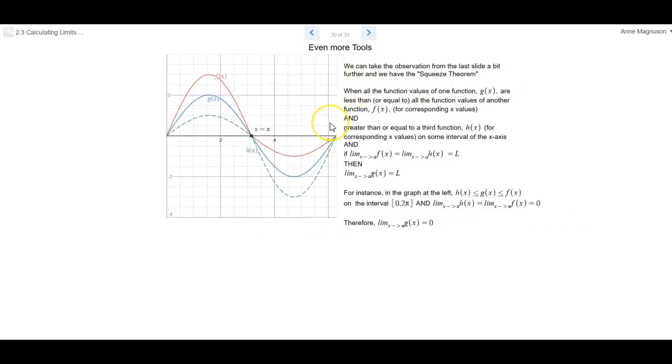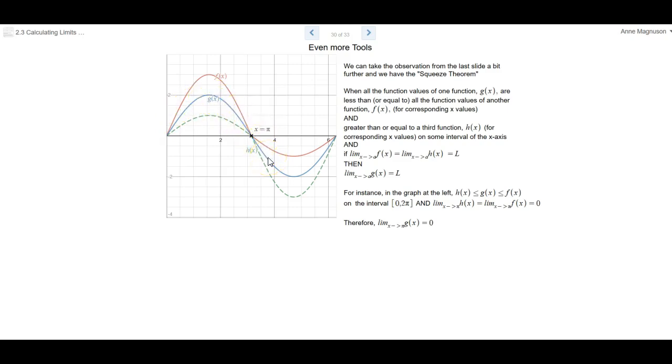And that leads to a big theorem called the squeeze theorem. It basically tells you that if all the y values of a function, in this case g of x, are between the y values of two other functions, f of x, whose y values are all greater than g's, and h of x, whose y values are all less than g's, and if f and h both have the same limit as x approaches some value, then g must have that same limit.